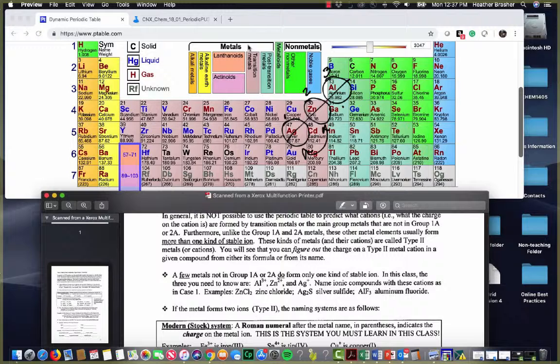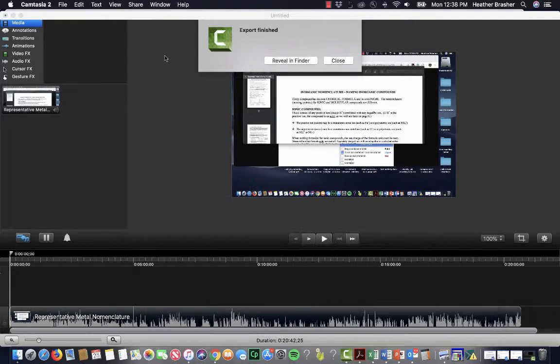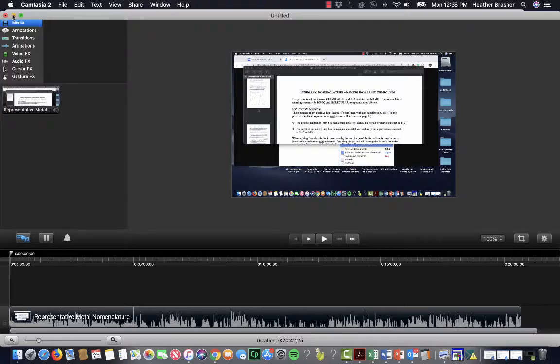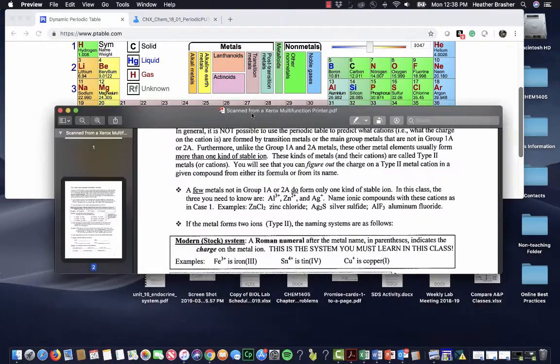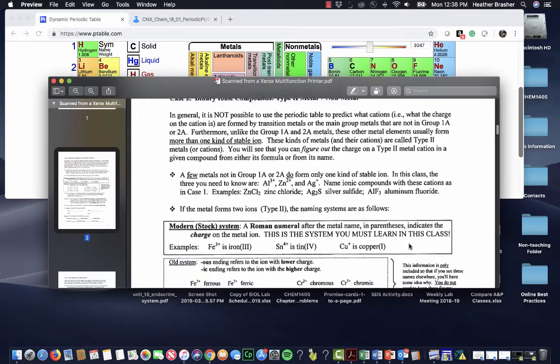A lot of the other transition metals are not always predictable. So, sorry about that. What we're going to do here is go over examples of the ones that aren't.